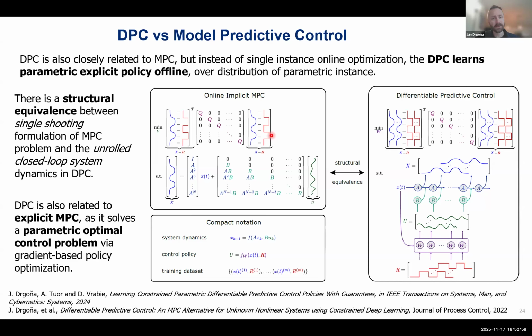Instead of a single instance, like it is done in online MPC, where every time you change the initial conditions or reference trajectories, you need to recompute this problem to get the new control trajectories, here we are training this over a distribution of initial conditions and a distribution of reference trajectories to parameterize the feedback policy in a neural network. Okay, so it's an approximate explicit MPC utilizing single shooting factorization of the closed loop dynamics and using automatic differentiation to compute the sensitivities for the policy gradients.